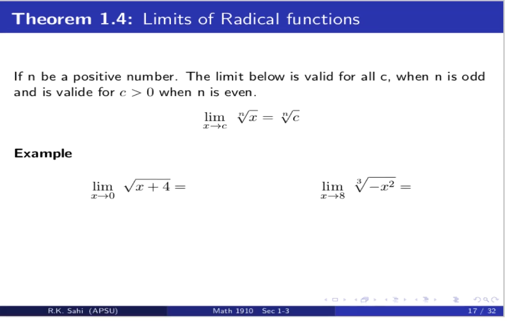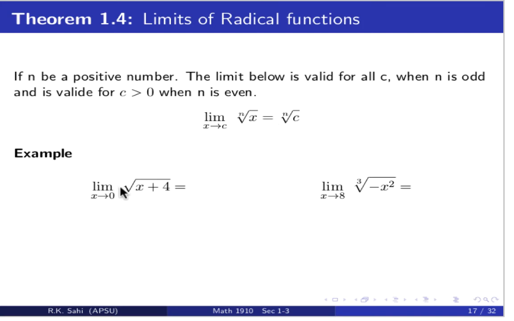Now, Theorem 1.4, these are the limits of radical functions. It says if n is a positive integer, the limit below is valid for all c when n is odd and is valid for c greater than 0 when n is even. That is, the limit as x approaches c of the nth root of x is the same as the nth root of c.